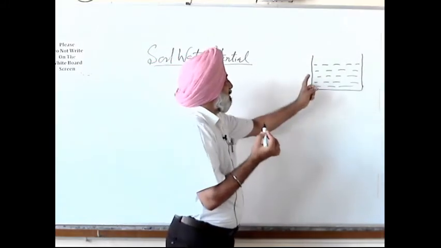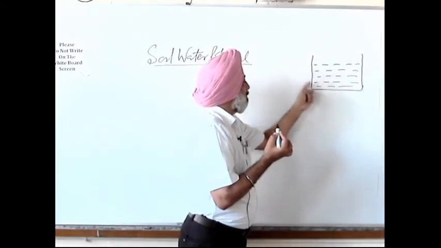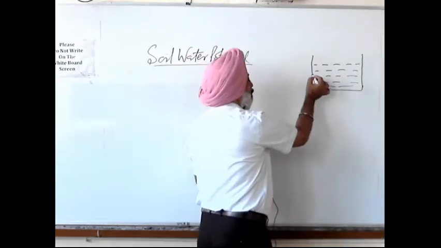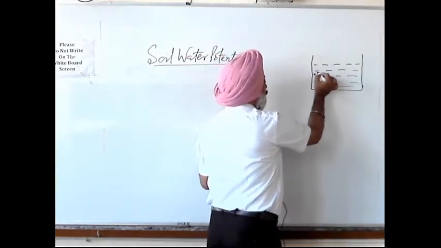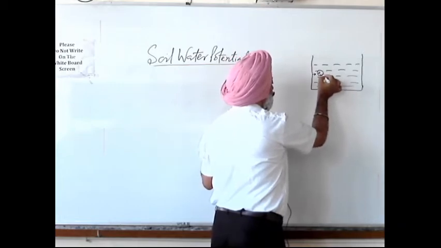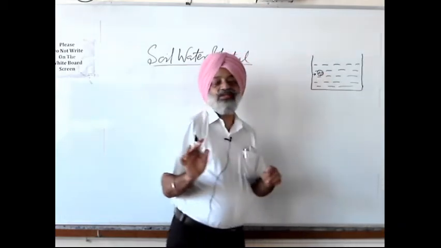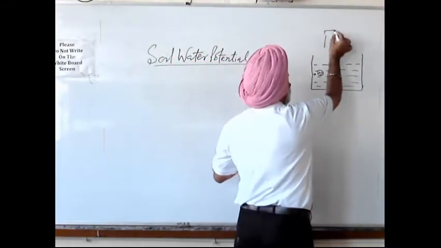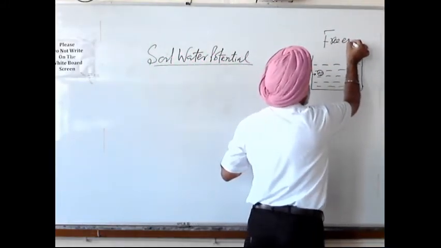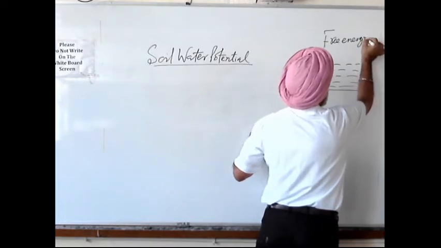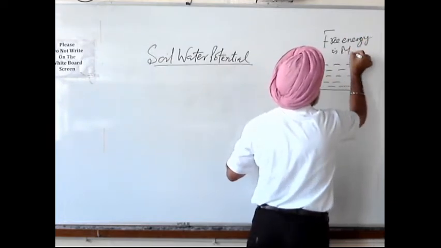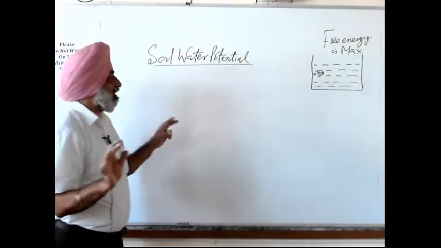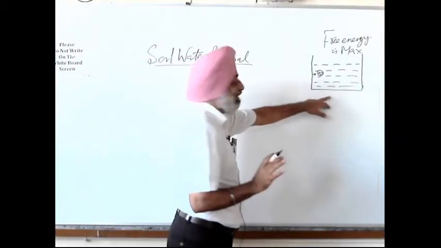Our assumption is that this water is not attracted by any point in the container, though the molecules of the wall of the container are attracting the water molecules. But let us assume that the water has free energy level, its energy level is maximum. Its free energy is maximum because it is not being attracted by anything when it is contained in this container.